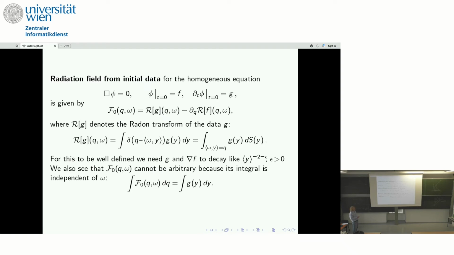But if you look at that, you see that the integral of F0 dq has to be independent of the angle, because if you integrate this with respect to q, it becomes the integral of y everywhere, and that doesn't depend on the angle. So there is a condition on the radiation field already for the homogeneous equation, and that's the condition we had.